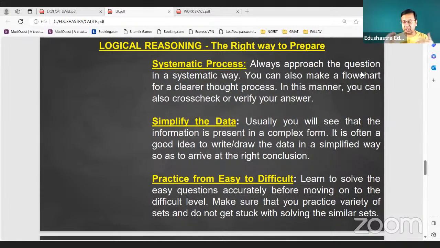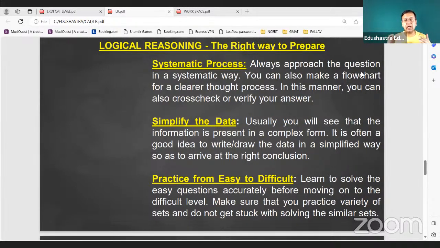And once you get a feeling, okay, I'm not able to solve the question, I'm not able to understand the question, then even when you are solving the easier ones, you will have difficulty solving the sets, right? So just start from easy to difficult so that you can build up your confidence, right?